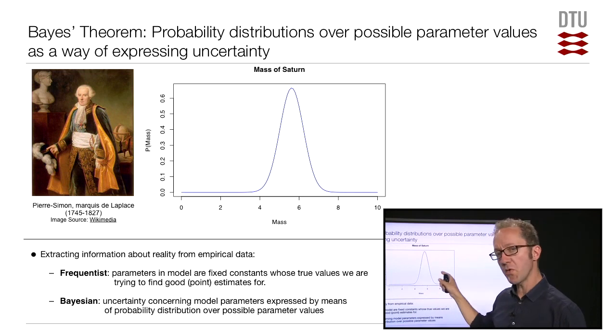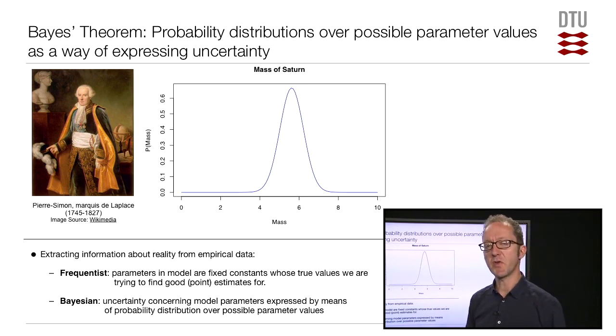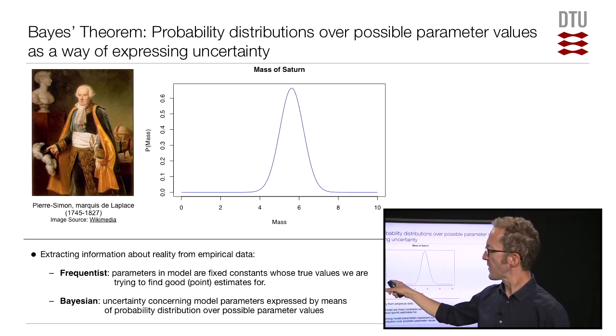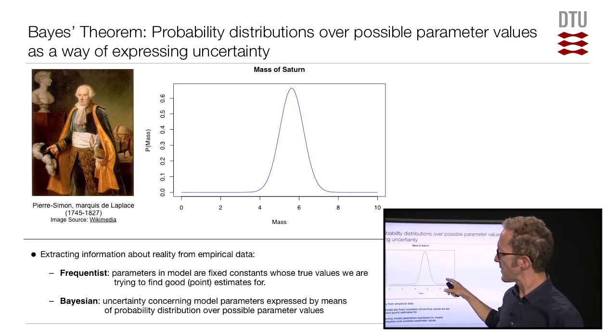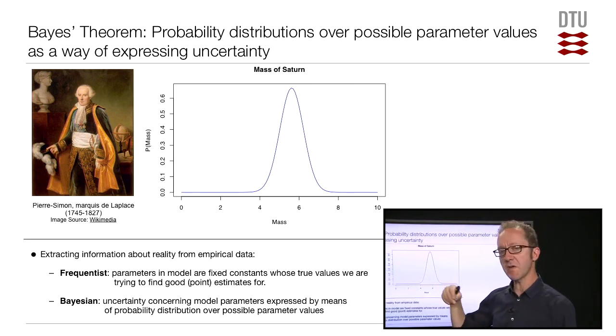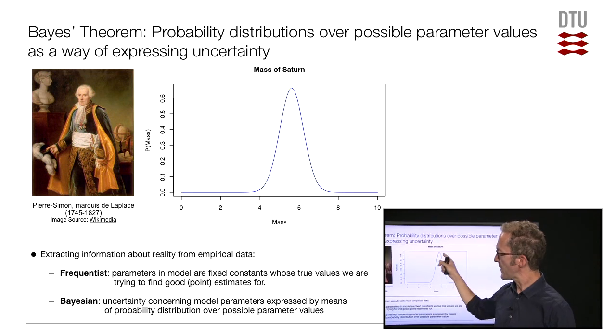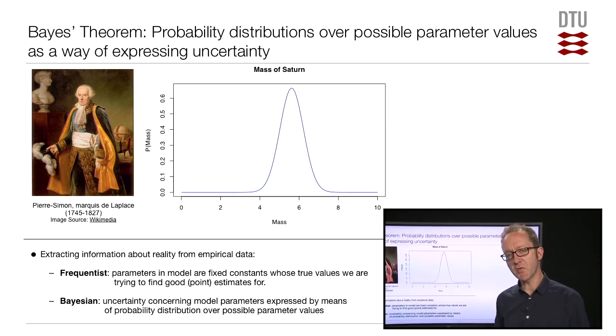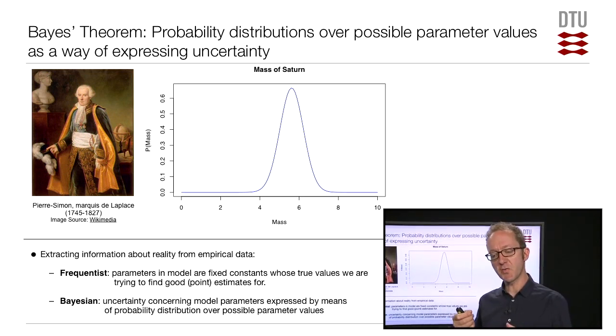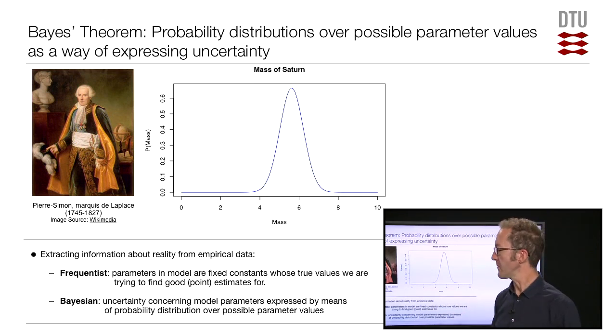And one important aspect of using Bayesian statistics here is this fact that in Bayesian statistics we use probabilities as a way of quantifying what we believe to be true about nature. So in the case of Laplace, for instance, he was interested in trying to learn about the mass of the planet Saturn.